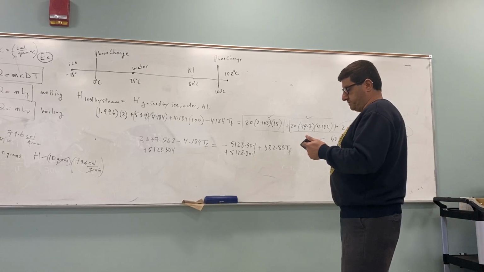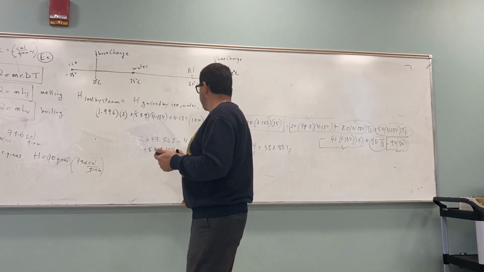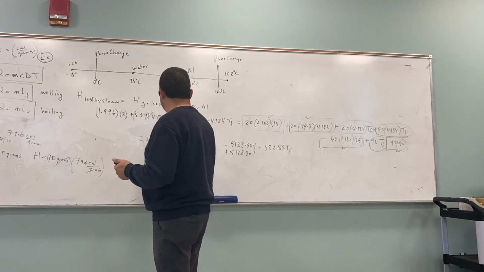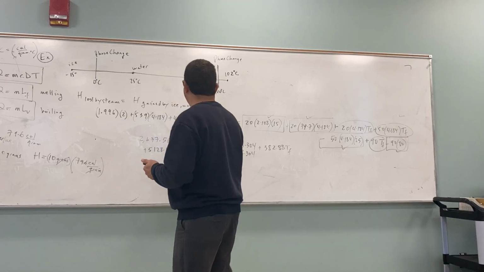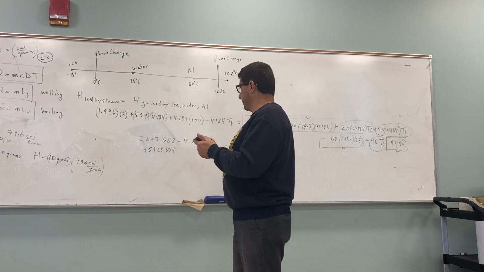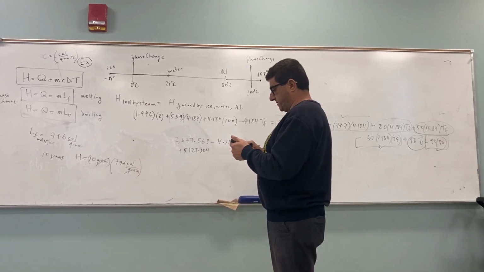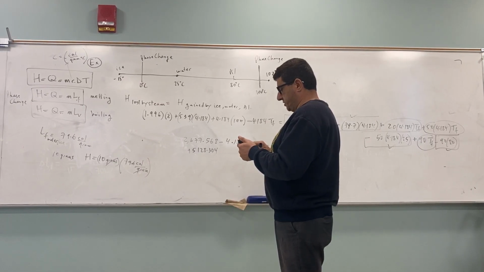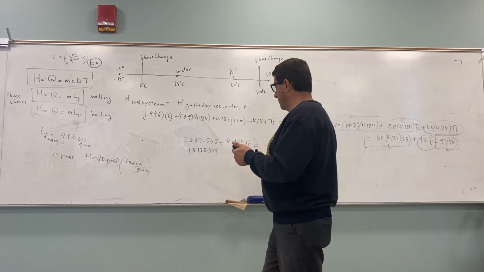2677. 20.16. Huh? 20.16? That's what I'm getting, but it could be wrong. No, I mean the actual final. Oh, okay, yeah. Let's go step by step so we can write it all down. 2677.568 plus 5128.